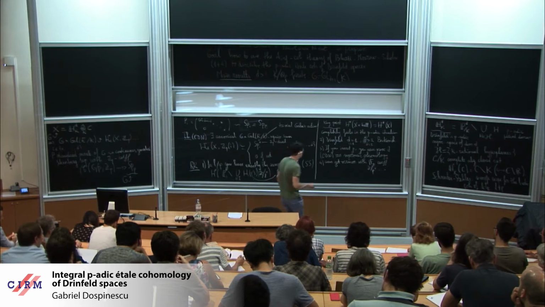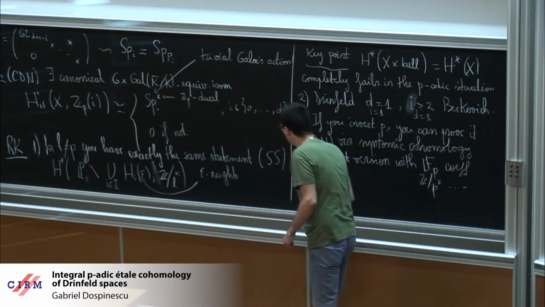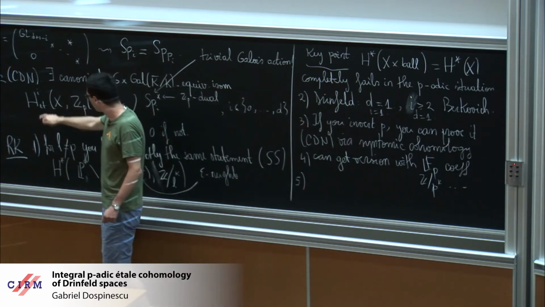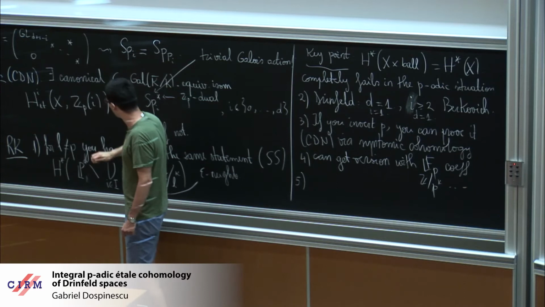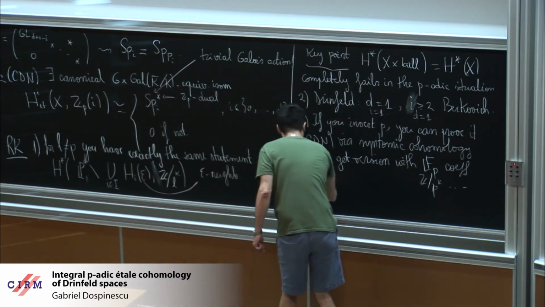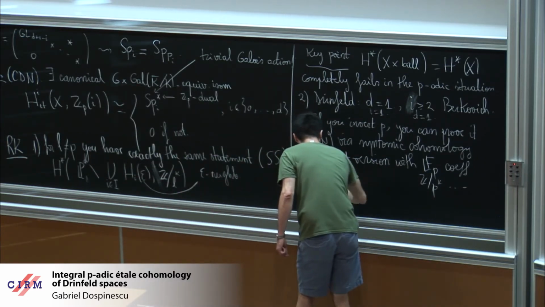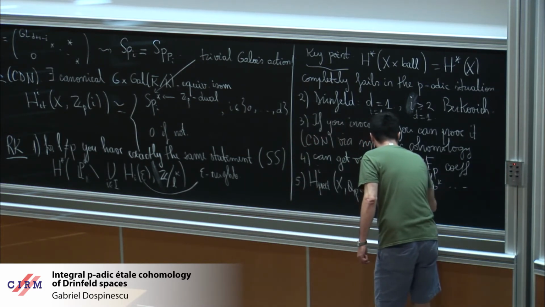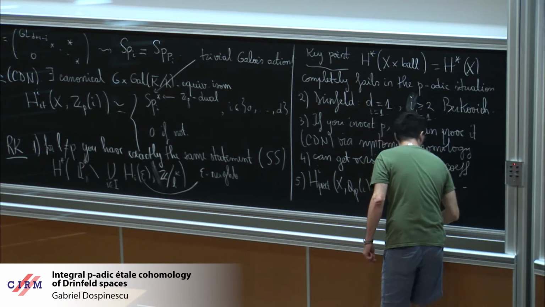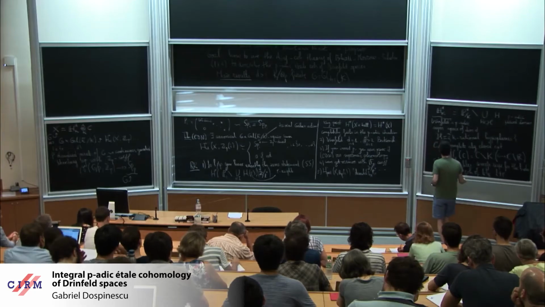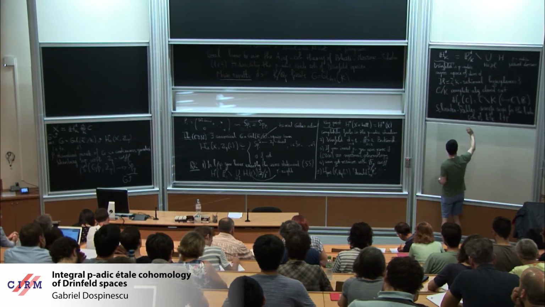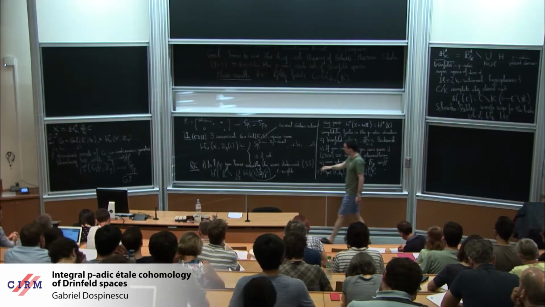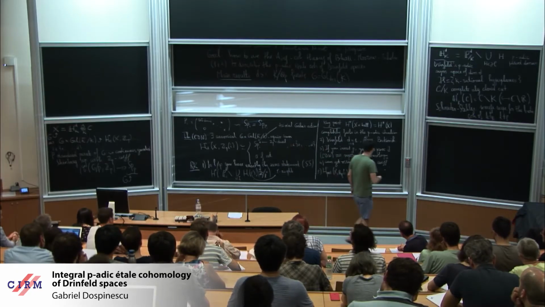Yes, so I also want to mention that a natural belief would be that if you take pro-étale cohomology and say you put Q_p coefficients, that this should be, well, it should be some kind of rational version of this guy, but this is definitely not the case, unfortunately.